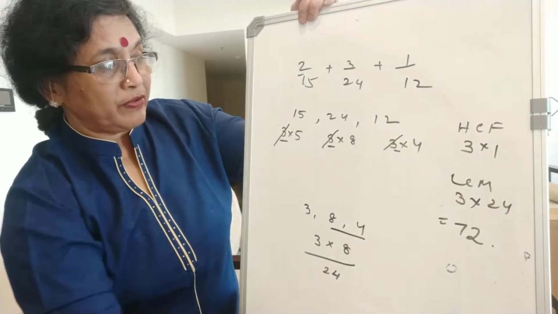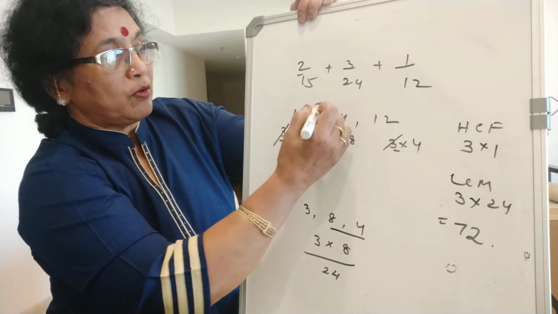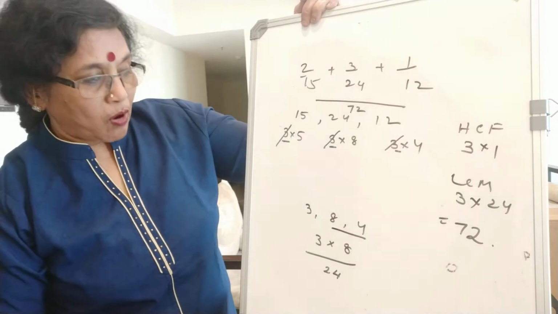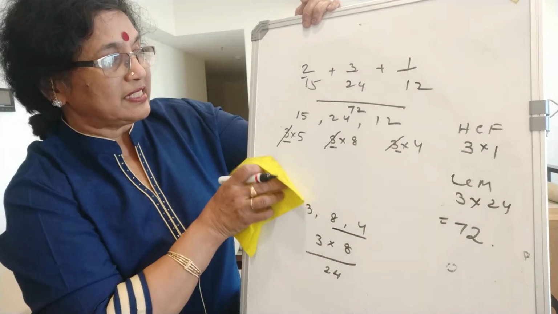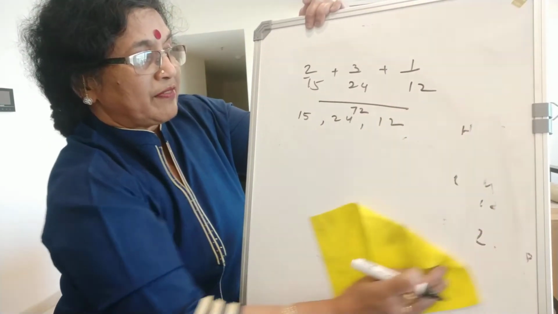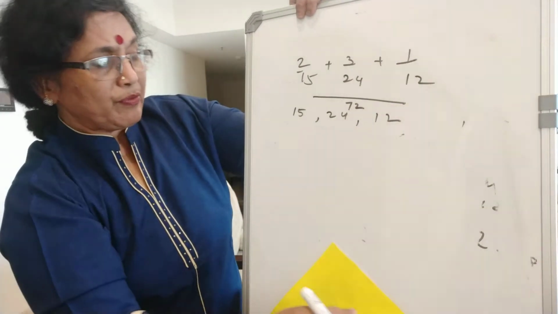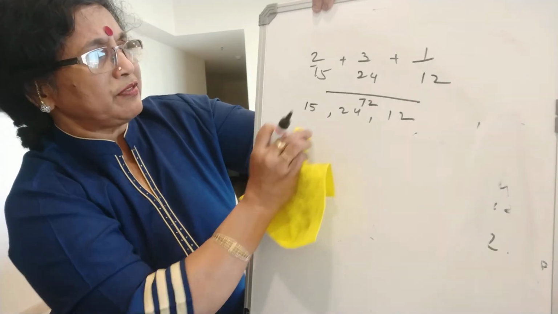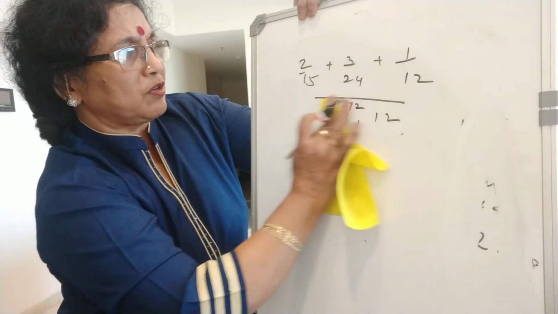Now when you are solving this, you already have 72, and you want to divide 72 by 15 and see what you get. Sorry, 72 is not the LCM, because 15 doesn't go into 72.